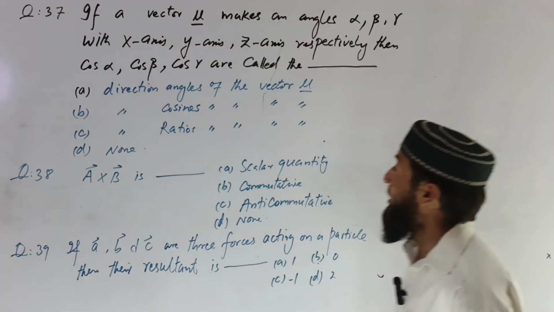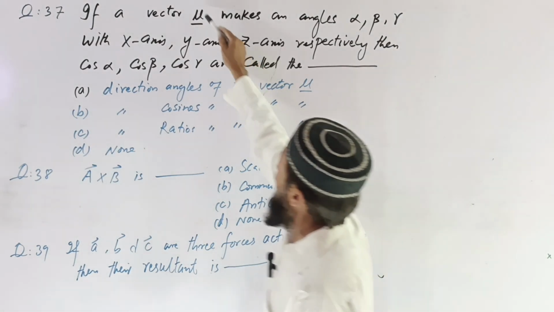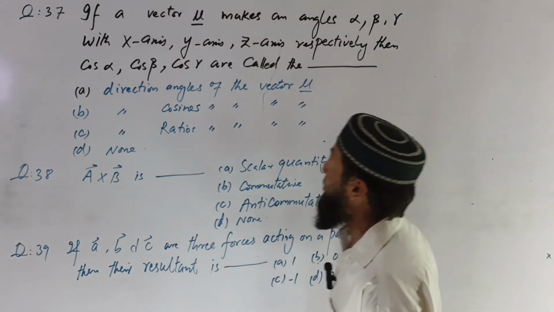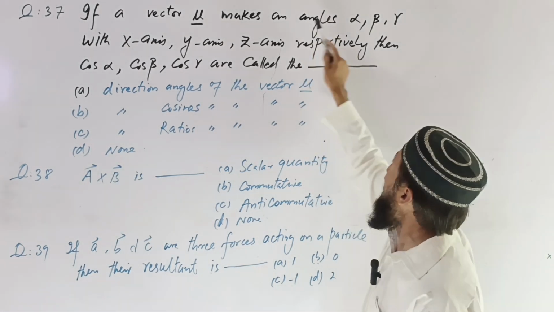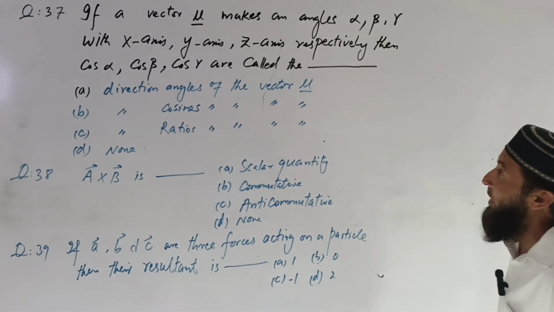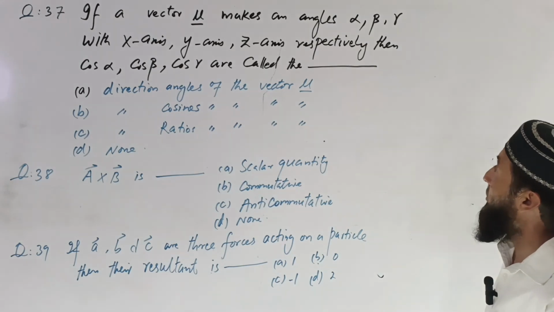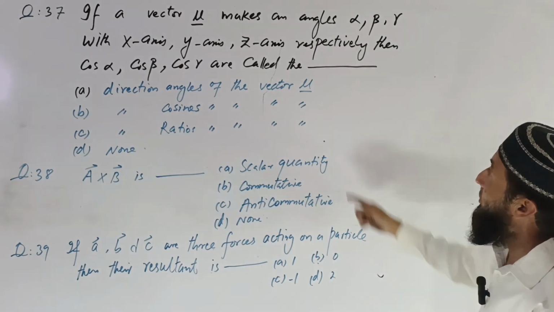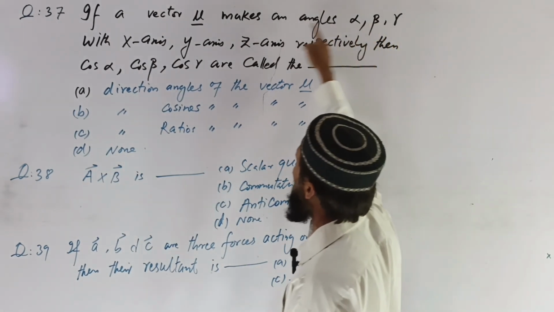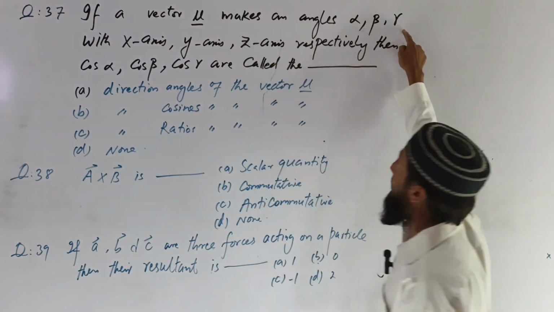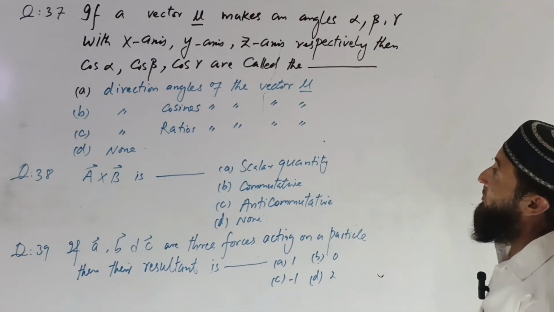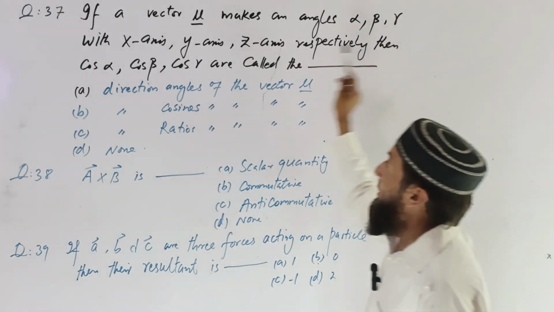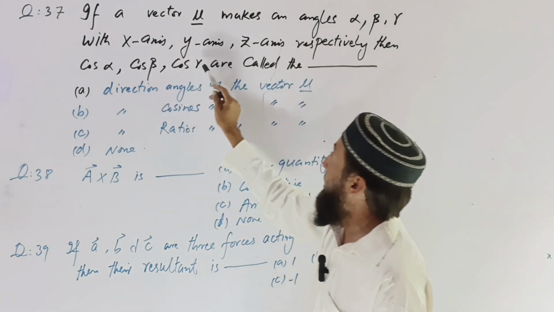Question 37: if a vector U makes angles alpha, beta, and gamma along the x-axis, y-axis, and z-axis, what is the result? In this case, what are cos alpha, cos beta, and cos gamma?